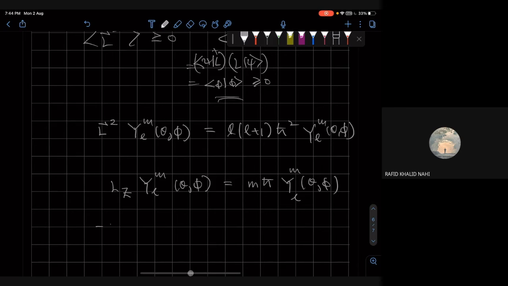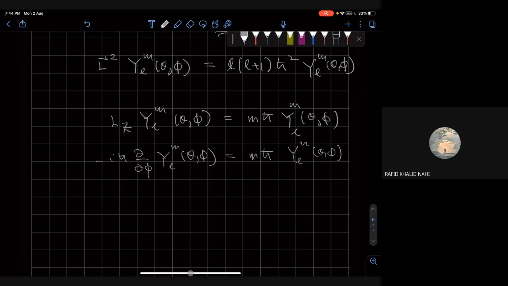Lz is minus i h bar d by d phi, so minus i h bar d by d phi of Y_LM equals m h bar Y_LM.